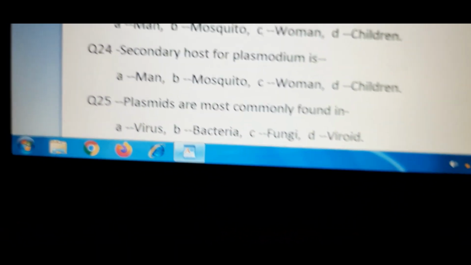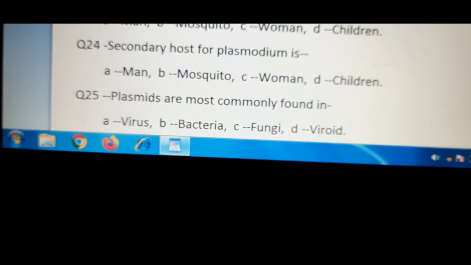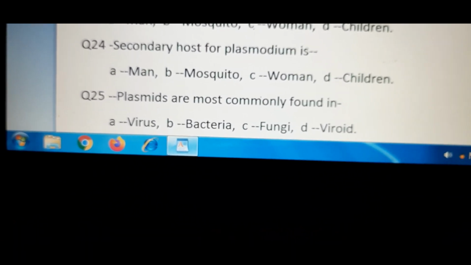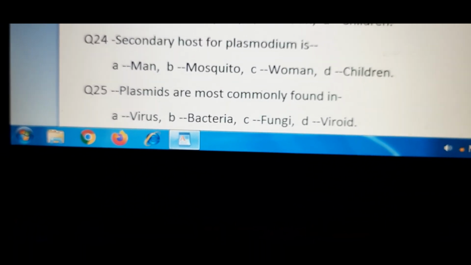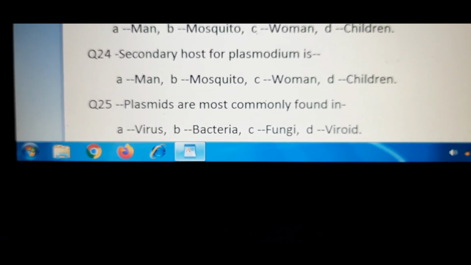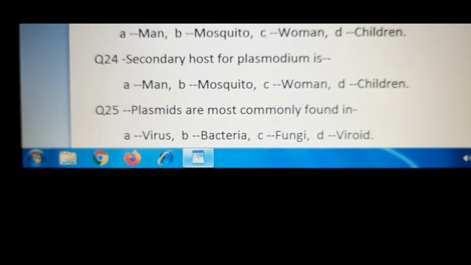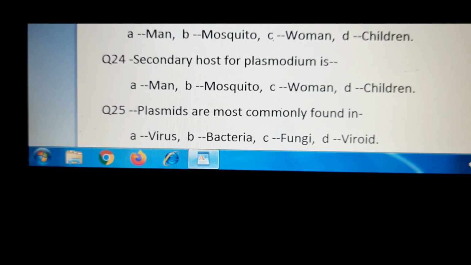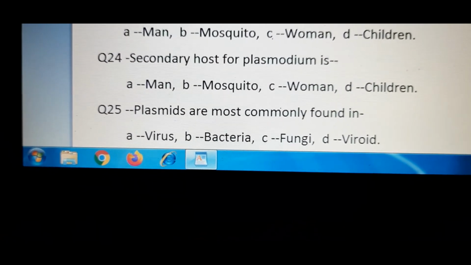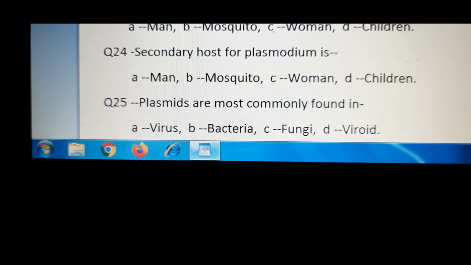Why not male Anopheles? The male Anopheles is vegetarian, that is, it feeds on plants, whereas female Anopheles feeds on the blood of humans. That's why it is female Anopheles only.